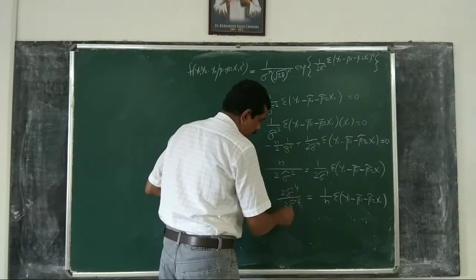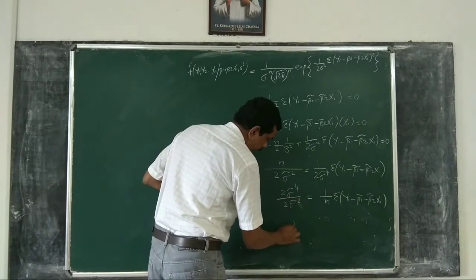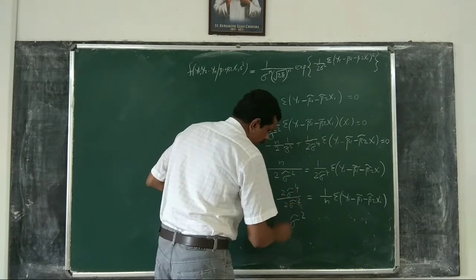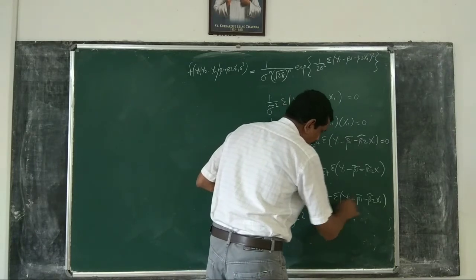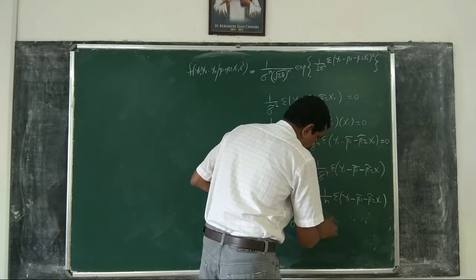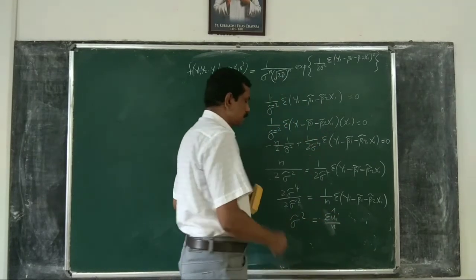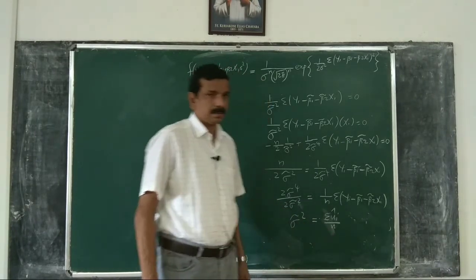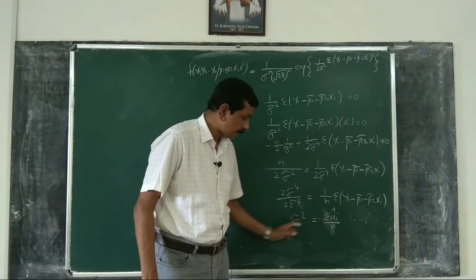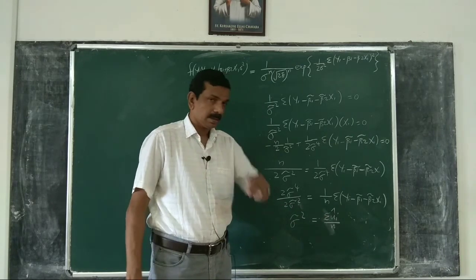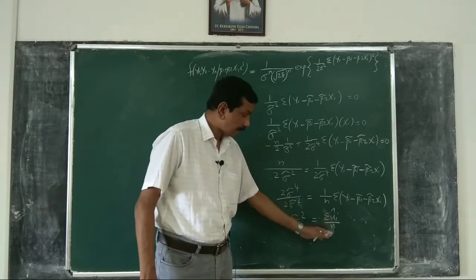And 2 and 2 will be cancelled. This becomes sigma tilde square is equal to 1 by n into this quantity, which I write as sigma u hat i square by n. So the ML estimator of sigma square, that is sigma tilde square, is sigma u hat i square by n.